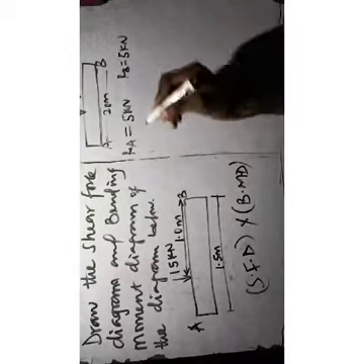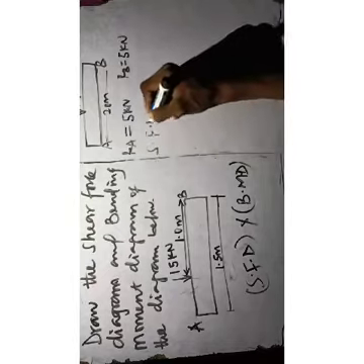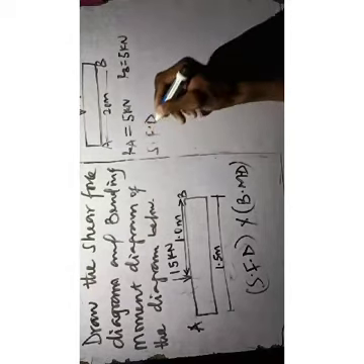Now to this question, you have RA and RB to be 5 kilonewton, right? The next thing is to draw the shear force diagram, the SFD. To draw the shear force diagram, you must take the shear force for each point.